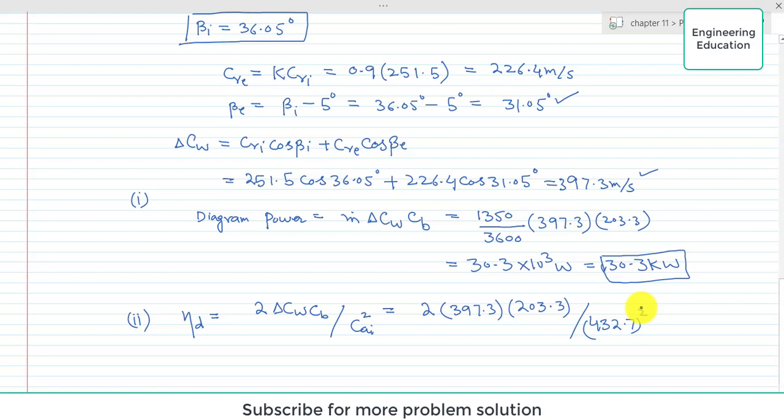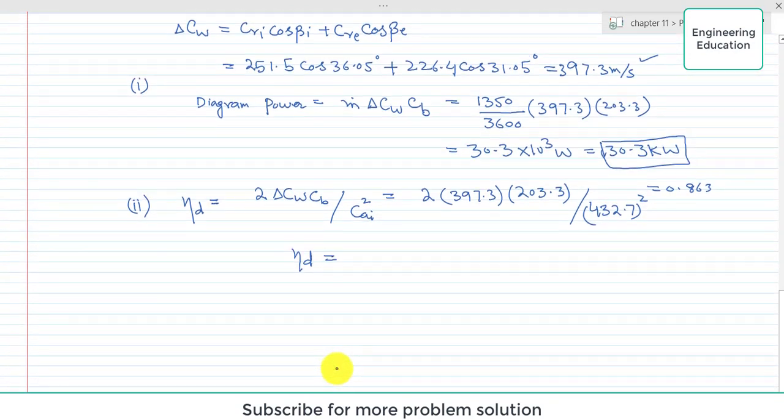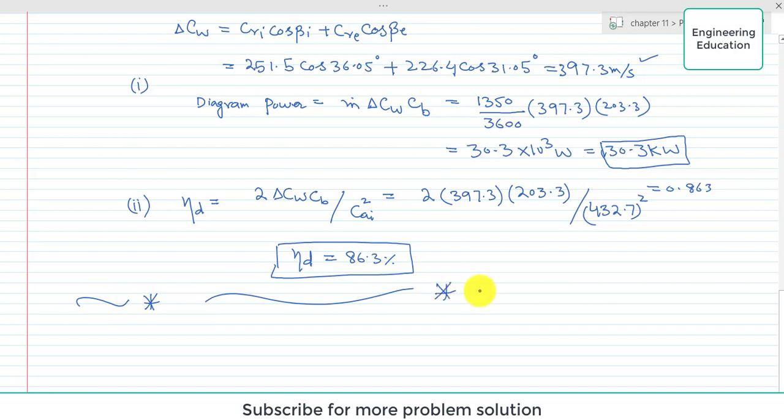Simplifying this, we get the value 0.863. In percentage, the diagram efficiency is equal to 86.3%. So this is the solution of problem 11.3.